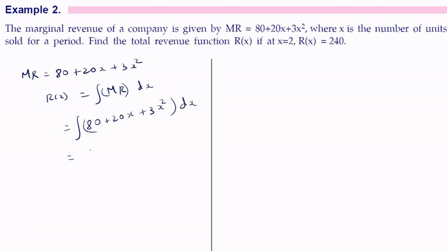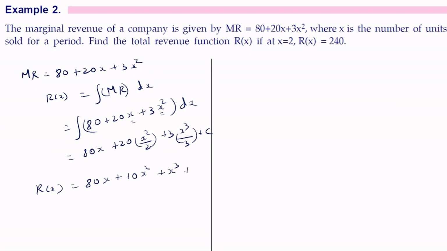So integral of 80 dx is 80x plus 20 into integral x dx is x square by 2 plus 3 into integral x square dx is x cube by 3 plus the constant of integration c. So the revenue function is given by 80x plus 10x square plus x cube plus c.